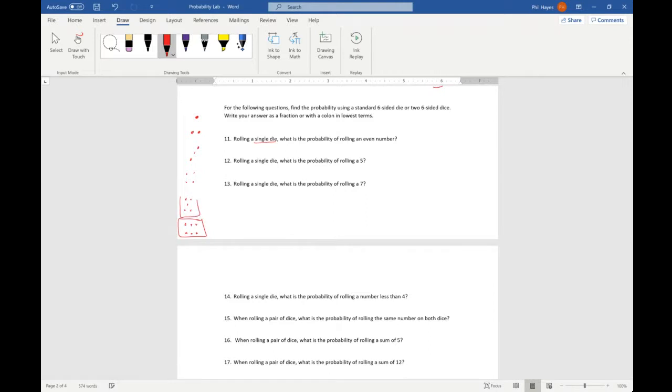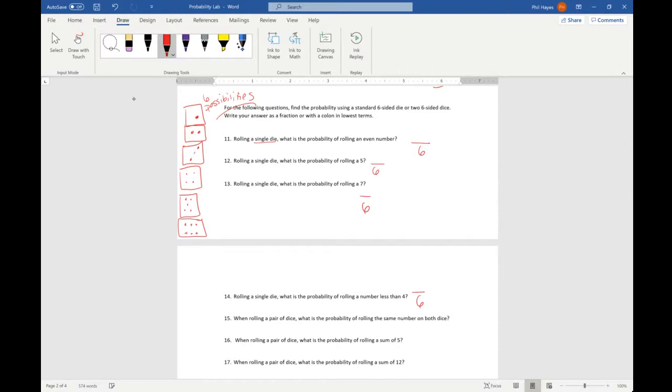All right, let's imagine these look nice, neat, and pretty. Here are my options for when I roll a single die. I have 6 possibilities when I'm rolling a single die. So that means for my probability, for all these questions, it's going to start off with a denominator of 6 since I have 6 possibilities.